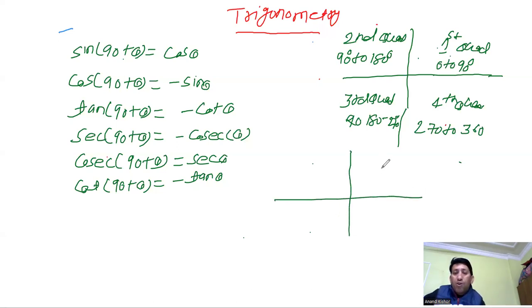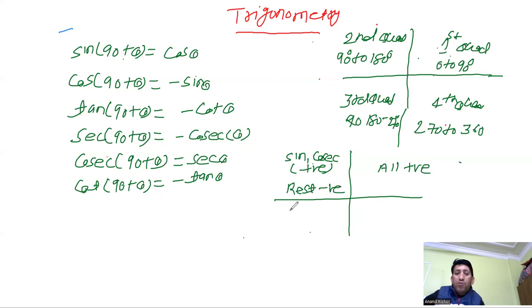All means sine, cos, tan, cosec, sec, cot, all positive. We should know about the second quadrant. In the second quadrant, sine and its reciprocal, cosec, are positive and the rest negative. We should remember this: the rest, tan, cot, sec, cos, are negative. So sine, cosec positive, rest negative.